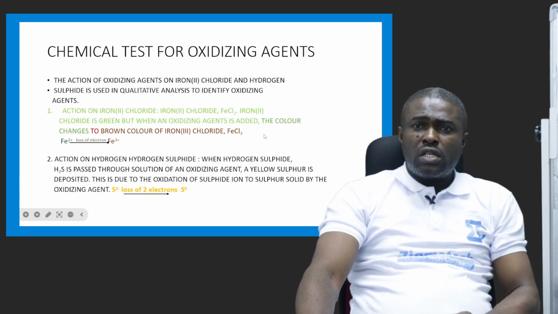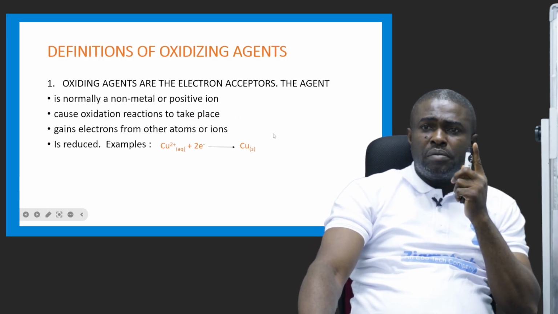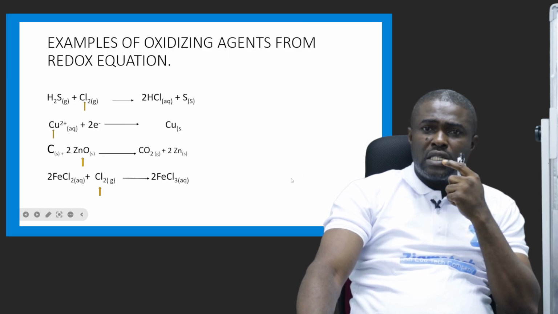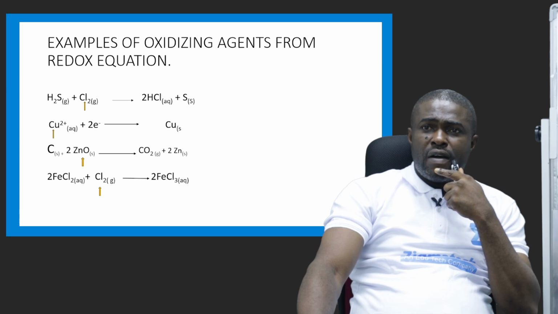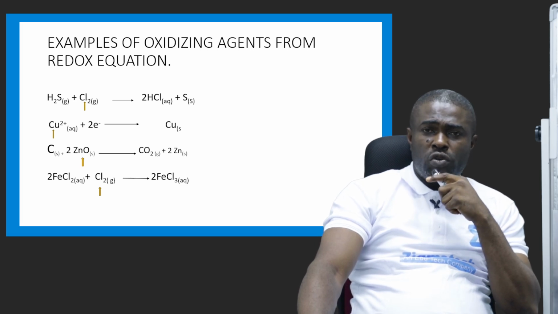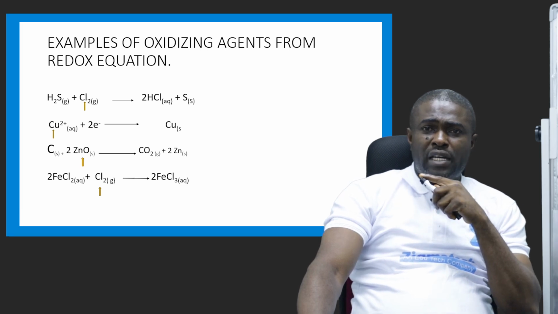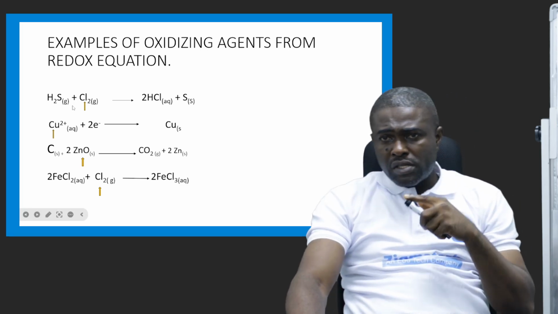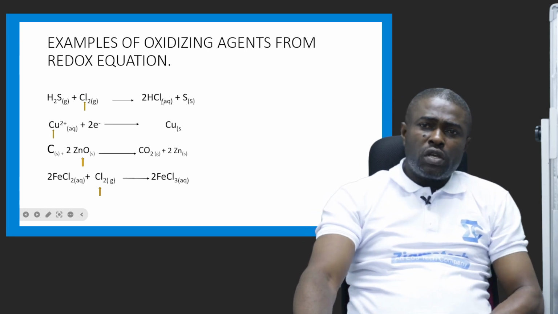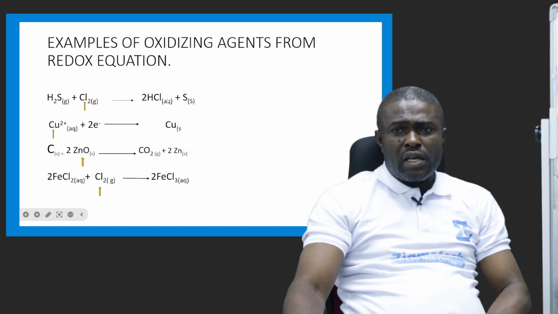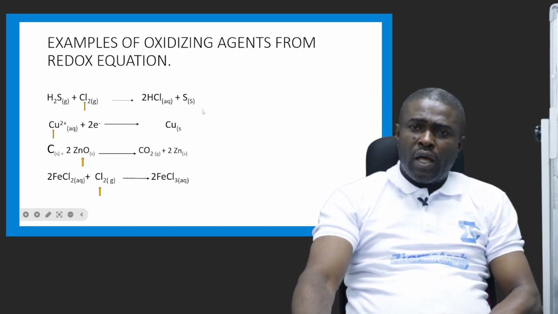Okay, let's go to the next slide. Look at what is going on there. Examples of oxidizing agents from Redox equations. Look at the first equation, where hydrogen sulfide is reacting with chlorine to give us hydrochloric acid, or hydrogen chloride, and the sulfur.